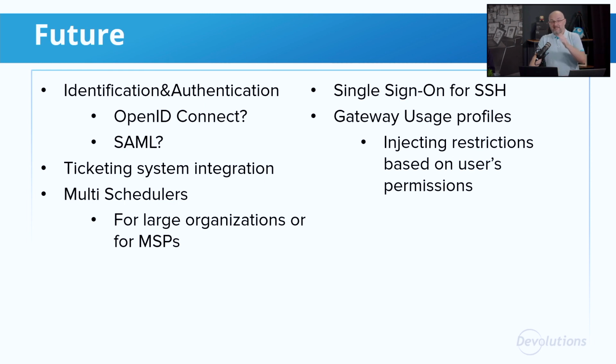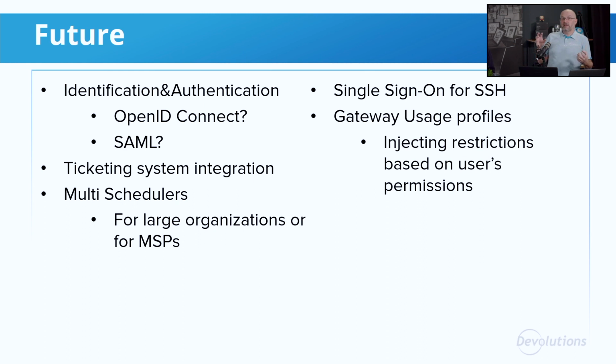And lastly, for the gateway, people are requesting, and that's Martin, our CISO, he wants us to inject in the gateway some limitations that the current user needs to match.